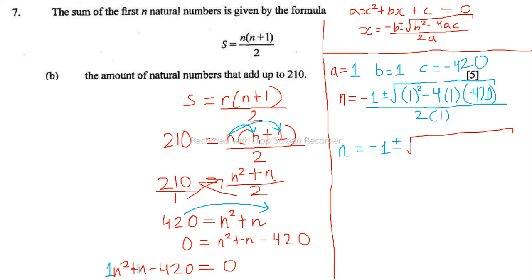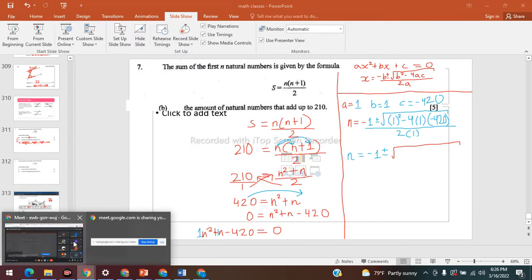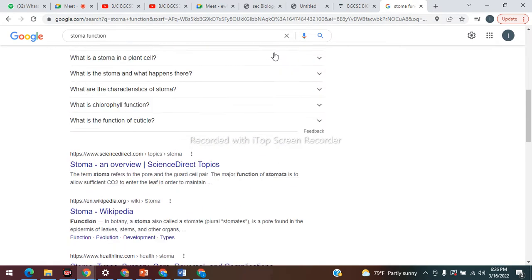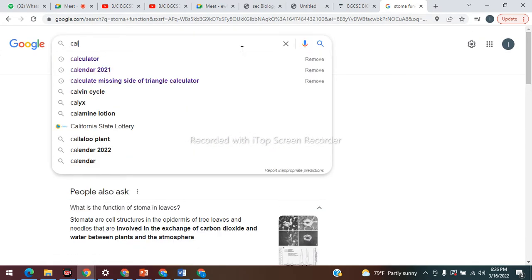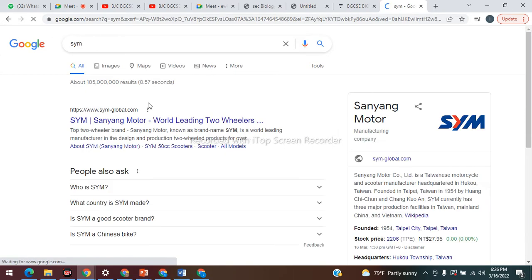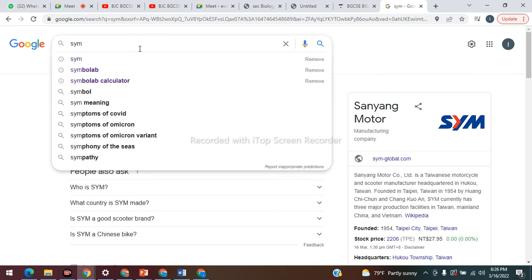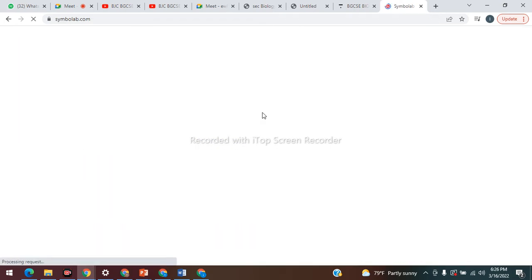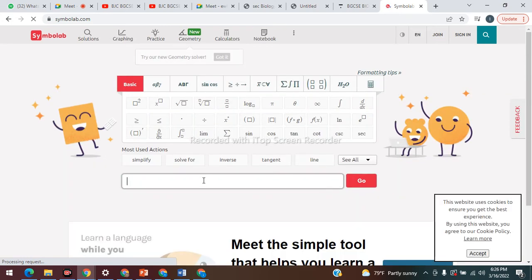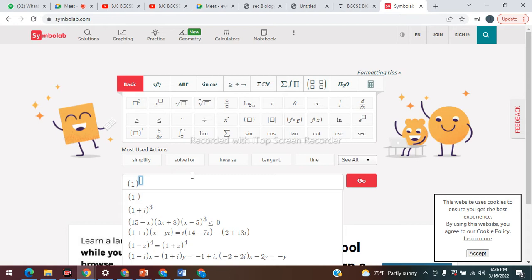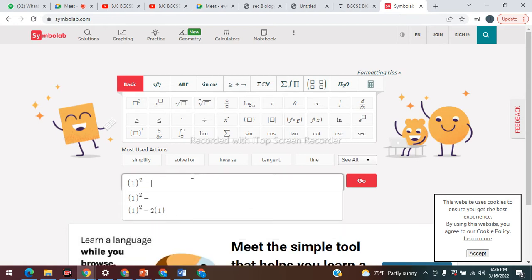Okay, so let's multiply it. Okay, so we have again 1 squared minus 4 open bracket 1 times negative 420.